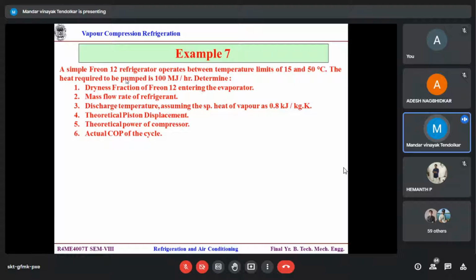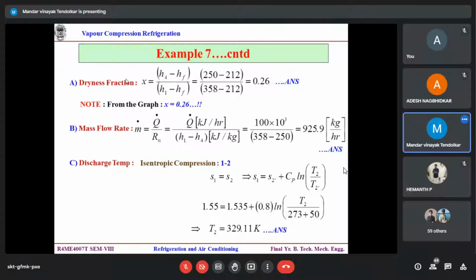Or rather, sorry, second law. But what I'm interested in is how much is to be pumped, how much is to be lifted. That is basically the refrigeration effect, divided by the specific refrigeration effect, h1 minus h4, that is per kg. So you get kg per hour, converted to kg per minute or kg per second, whatever you want. Is the calculation correct?